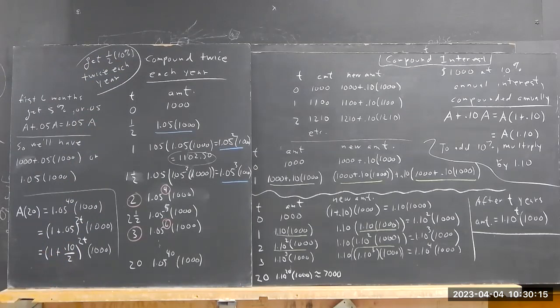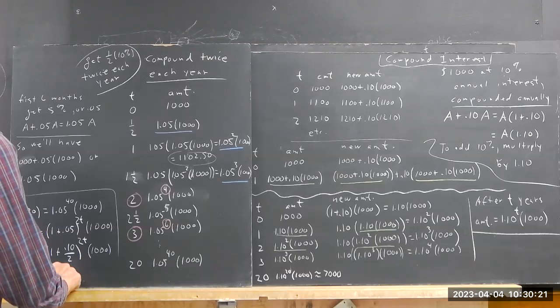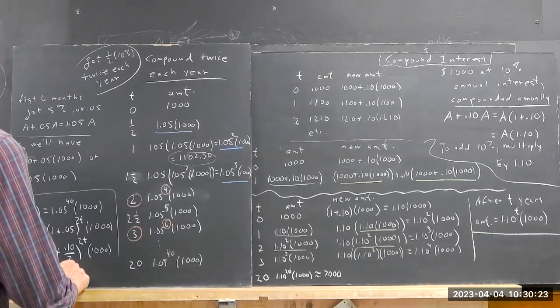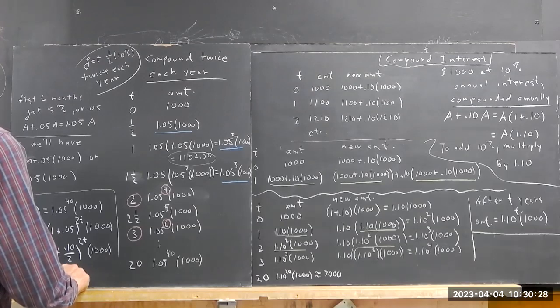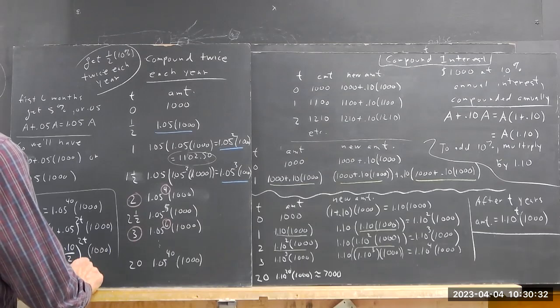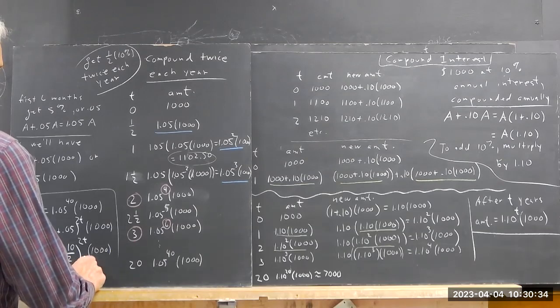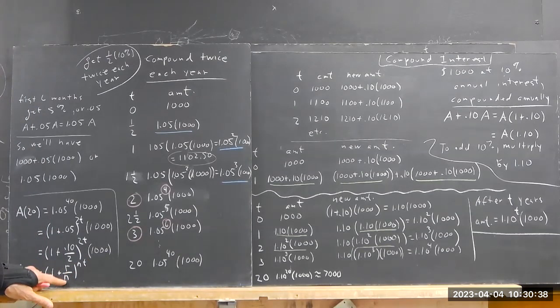Okay, so 2 is our number of compoundings. R is our rate. N is the number of compoundings. In this case, N equals 2.